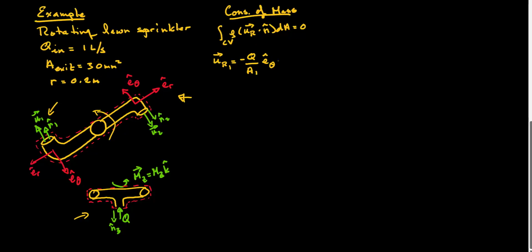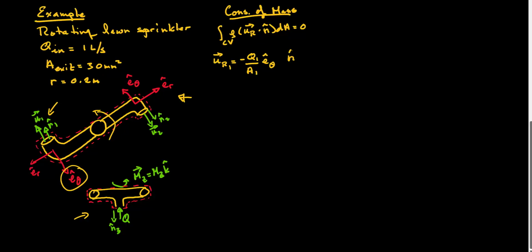Okay, so we have the negative because theta is positive in this direction and our velocity exiting is in the negative theta direction, and the magnitude is just my flow rate over the cross-sectional area.